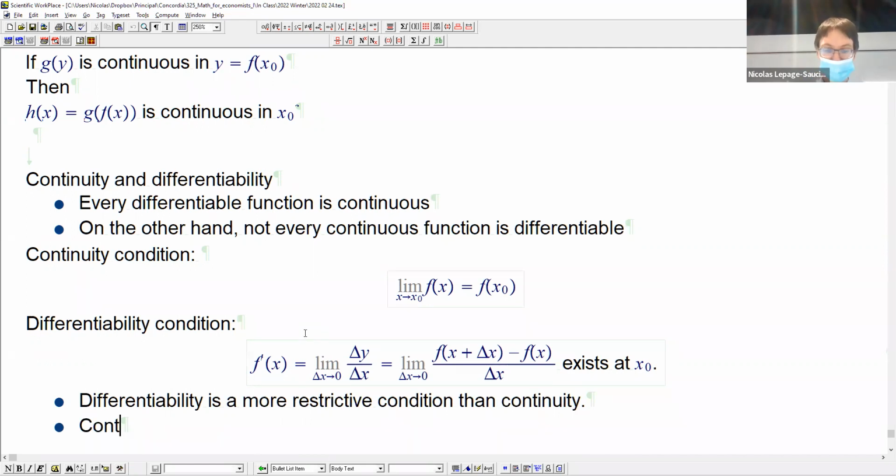Continuity at every point rules out the presence of gaps.